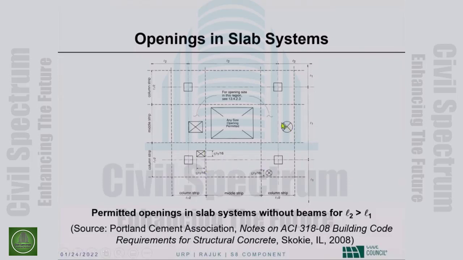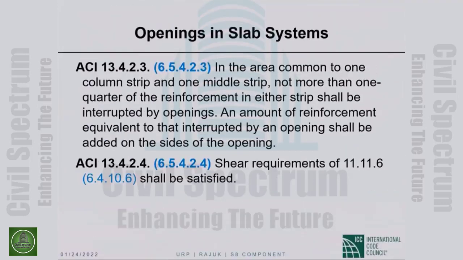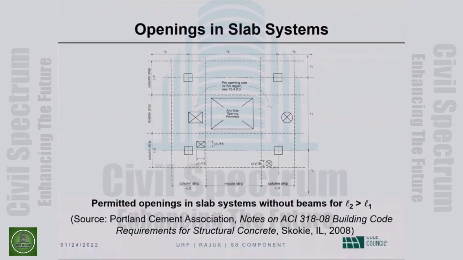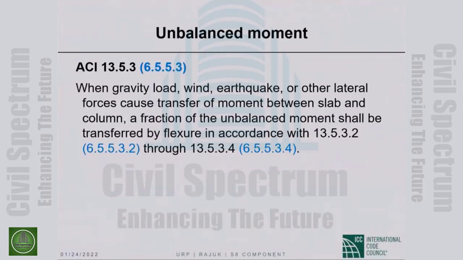If it is in an intersection between a column strip and a middle strip, then there are restrictions on essentially the size, although the language says not more than 1/4 of the reinforcement in either strip shall be interrupted by the openings. So anyway, the openings are provided for pretty explicitly.